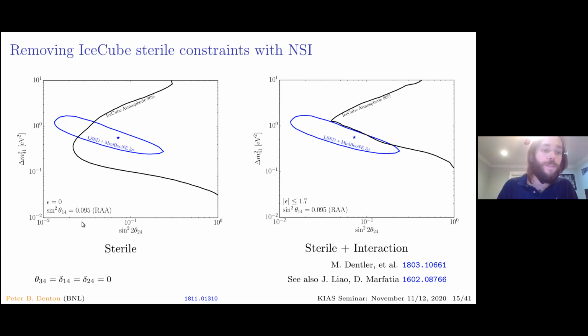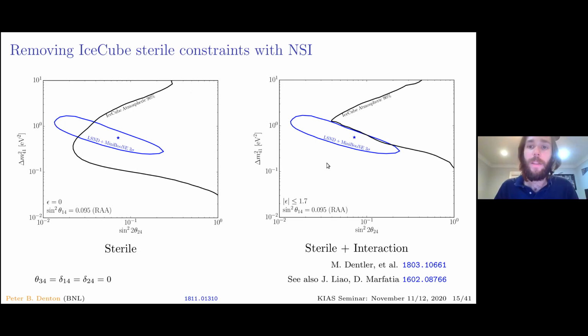I fixed theta 1,4, which is more about electron neutrinos, to the value from the reactor antineutrino anomaly, the number that Daya Bay and RENO prefer, and then you get this region here. IceCube mostly disfavors that. That's the black region here, so everything to the right is disfavored by IceCube.